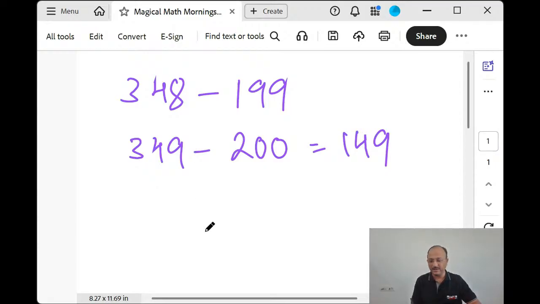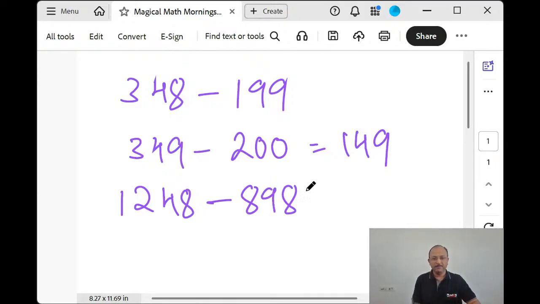Let's take little bigger numbers also. Maybe we want to do 1248 minus 898. So what we do? The nearest 100 for this is by adding 2 we'll get here. Correct? Here also we'll add 2. What will become?